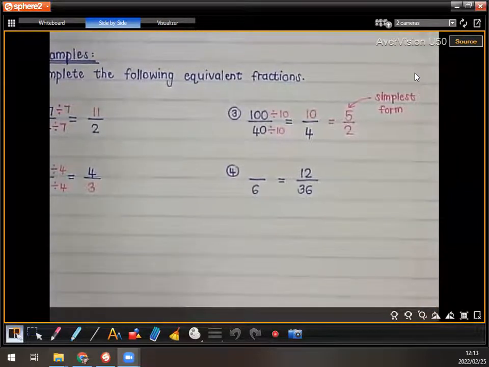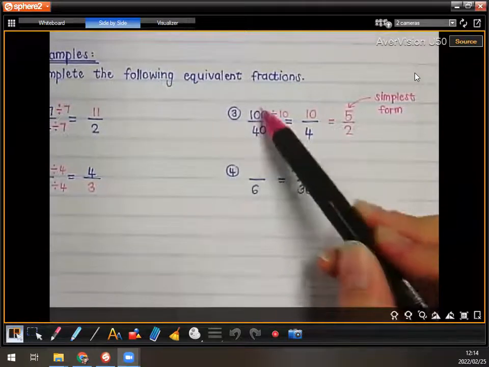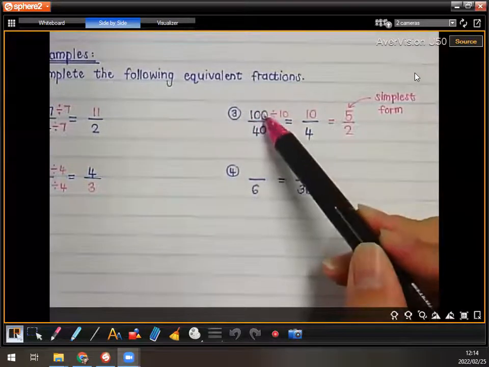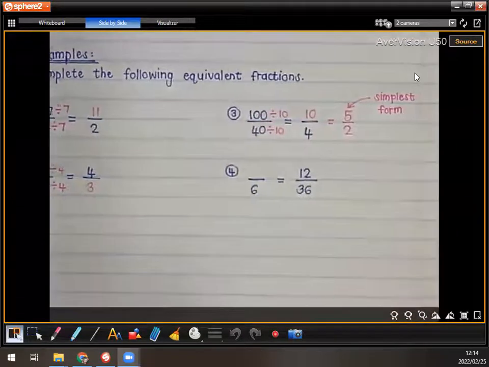So guys, that's another thing that they can ask you. They can give you a fraction and they can just say, write this in its simplest form. All right? So then, in order to get the fraction to its simplest form, you need to look for the highest common factor. That's what we call it. Okay? The biggest number that will go into both of those. So if we're looking at 100 over 40, for example, the biggest number that divides into both is 20.